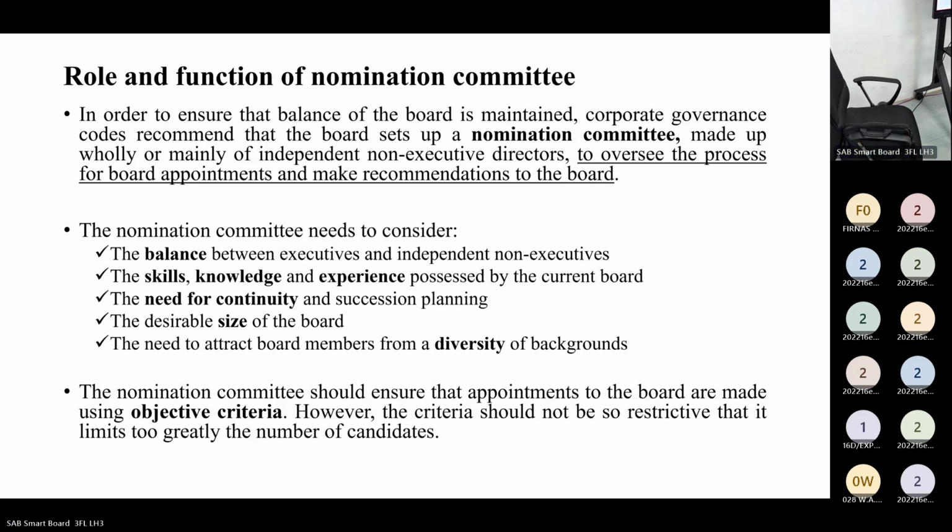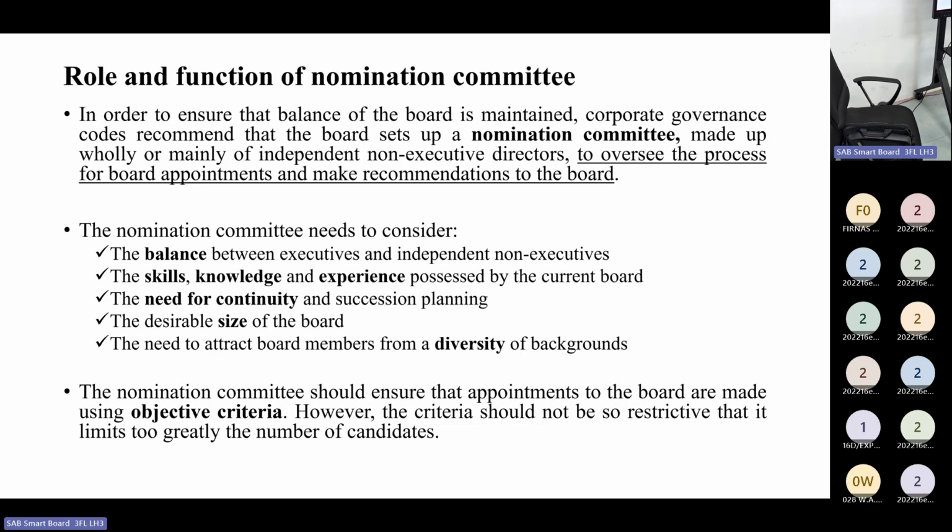Okay? So when the nomination committee is proposing someone to the board, they need to consider these things. First, they need to look at the balance between executives and non-executives. What sort of policy does the company have? Now, when you look at Haley's case, who was dominating? The executives.